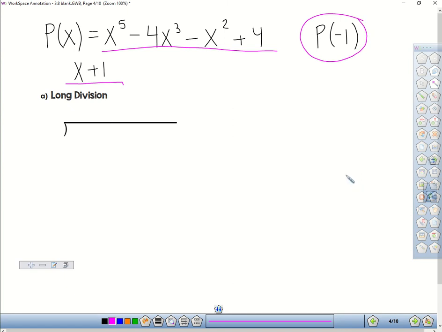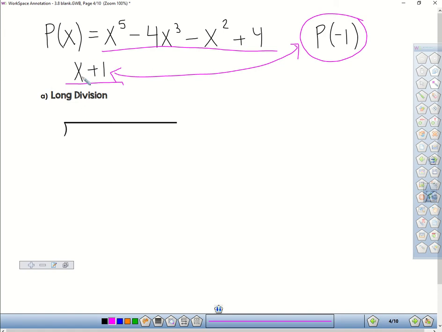Before we get into this, I want to make sure you understand the relationship between the divisor and p of negative 1. Look at these two: what do they have in common? Me evaluating at the value x equals negative 1 and the expression x plus 1. They both have a 1.